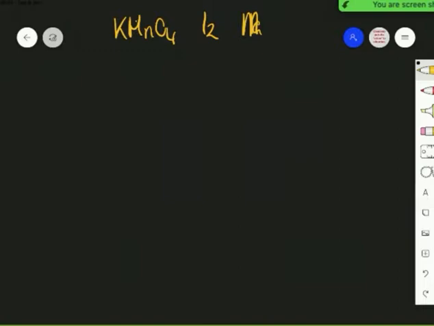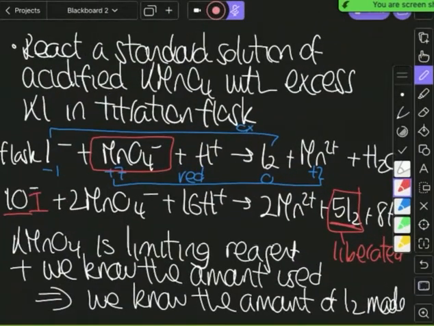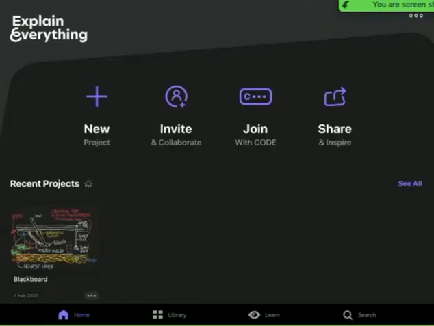It's on a go slow. This is why I don't usually like the whiteboard as opposed to my one. So I'm going to go back here because I prefer this.